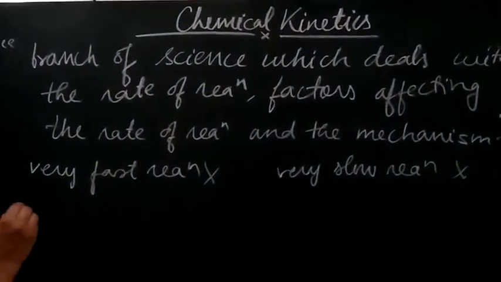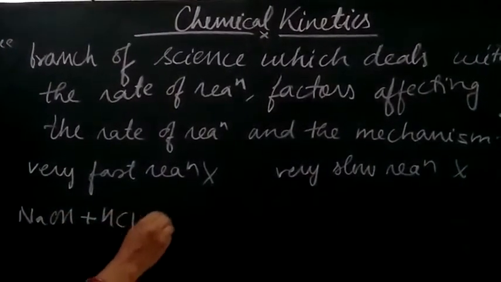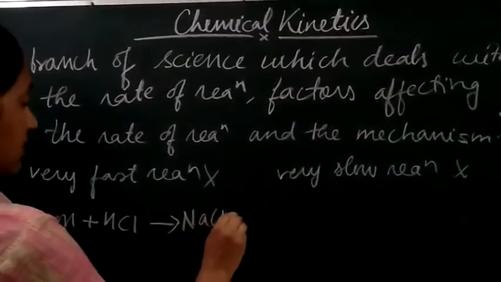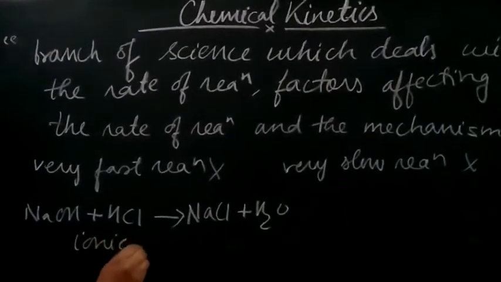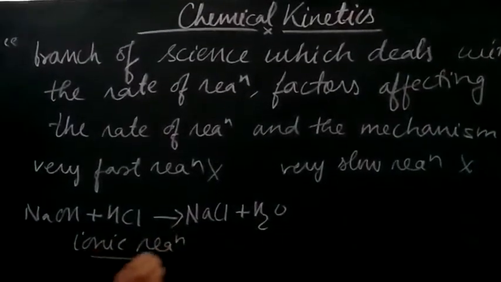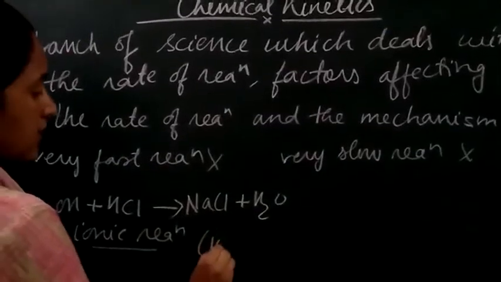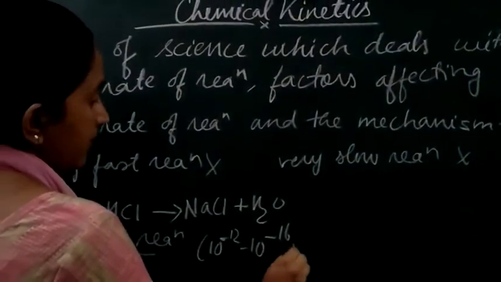Here we have taken the example of NaOH and HCl, that is a neutralization reaction, right? So here it is NaCl plus H2O. Now this is a type of ionic reaction. Here the speed of the reaction will be very fast, right? Nearly 10 to the power minus 12 to 10 to the power minus 16 second.